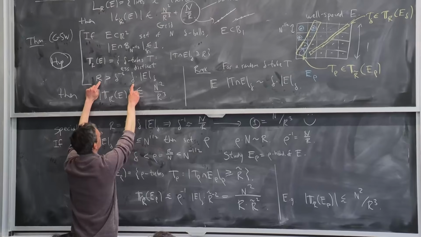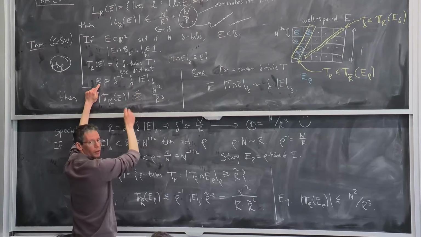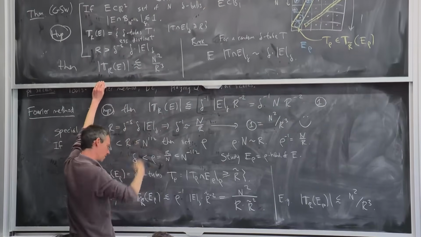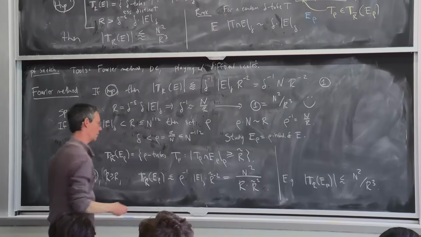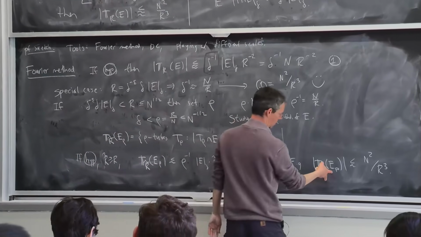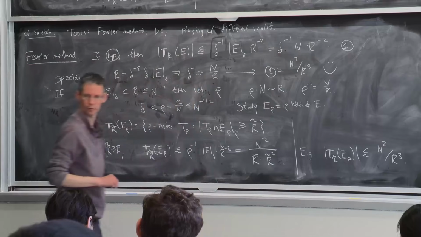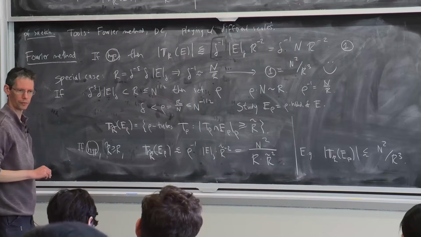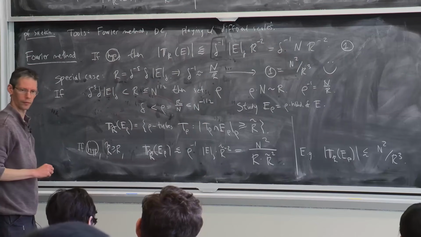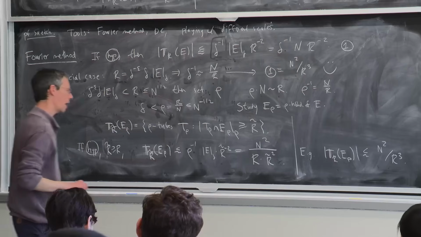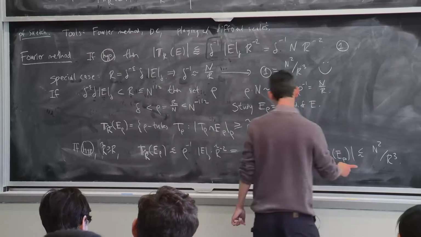So this gives some upper bound for rho. But taking rho as close as you can to that upper bound is a good idea. And when we make rho that big, then we get this. OK. Now, have we proven the theorem?